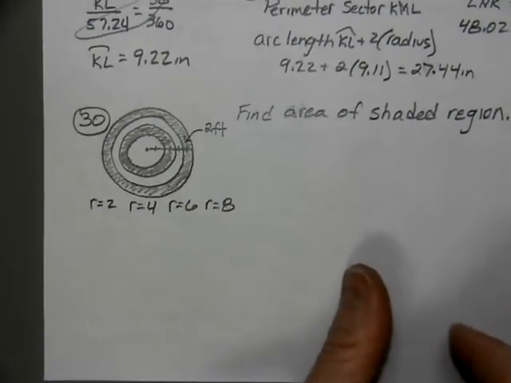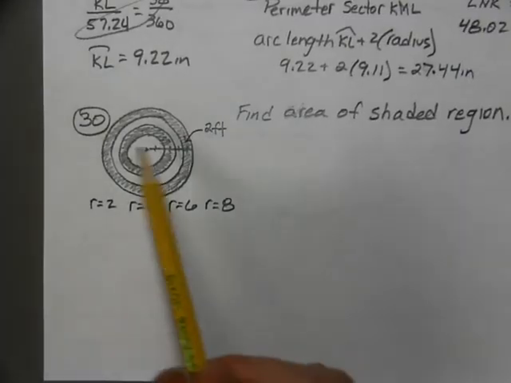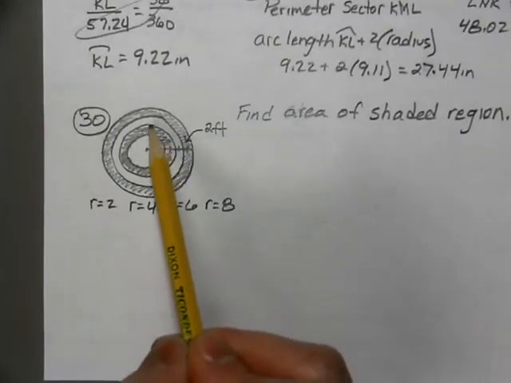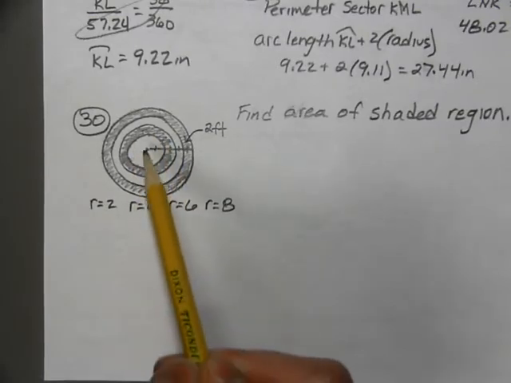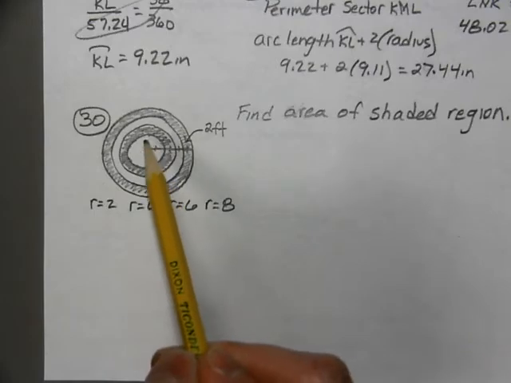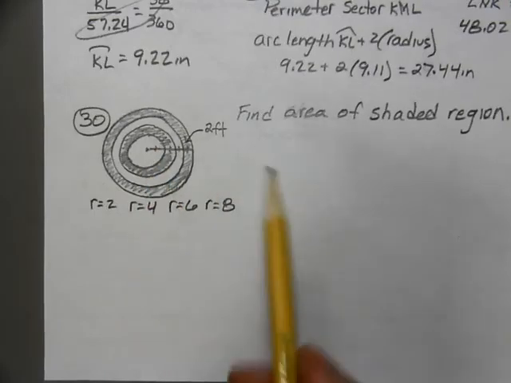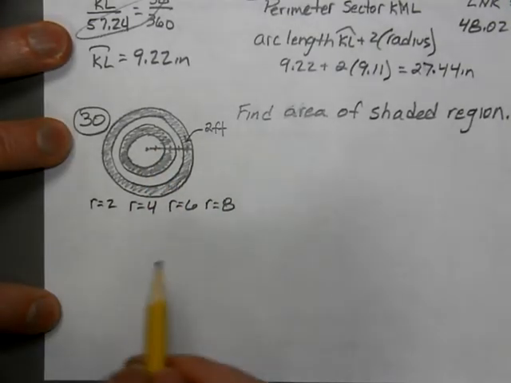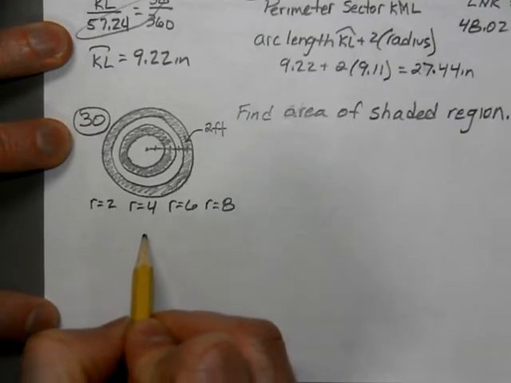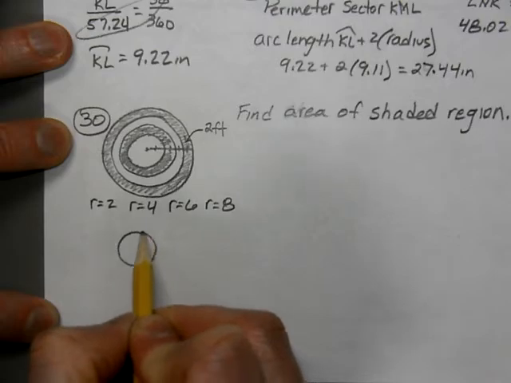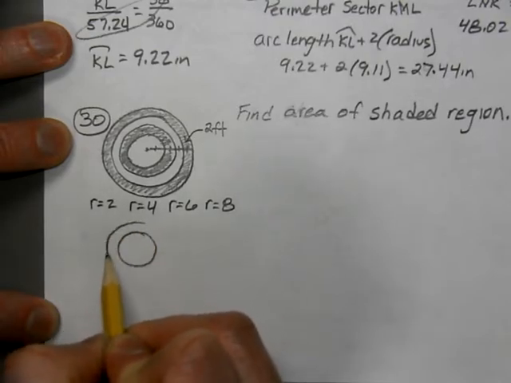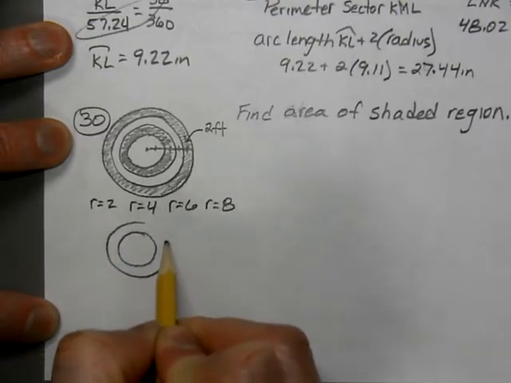So what we're going to need to do is first take this medium circle with the radius of 4 and subtract the small one from the center. So I'm going to look at just this picture.